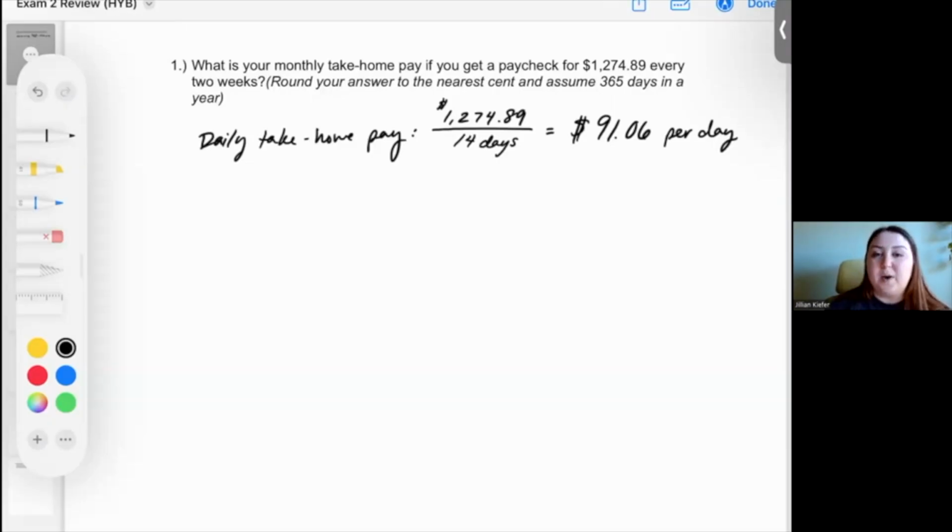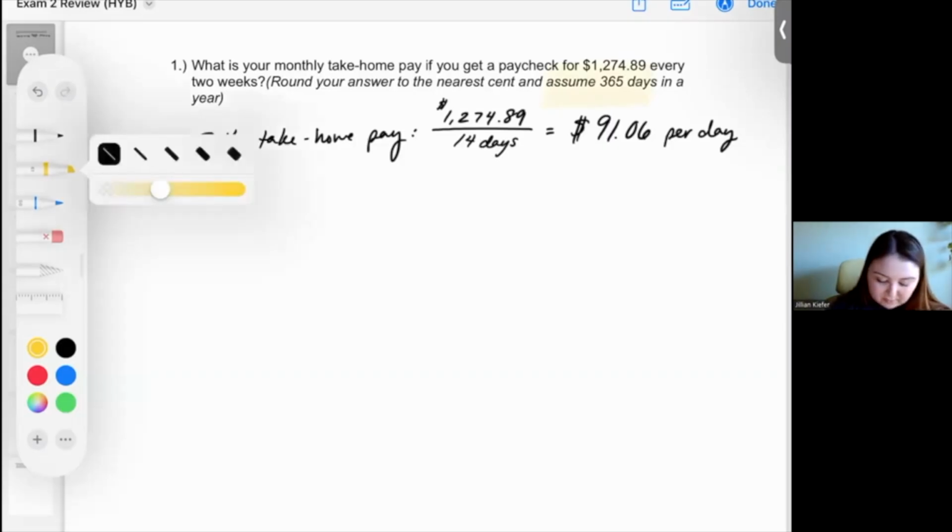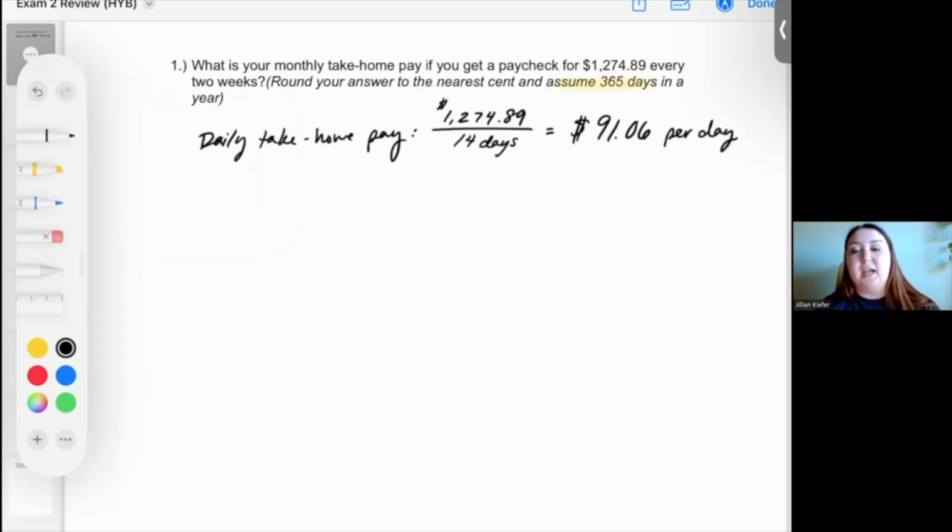Now, we want to take this number and assume for the year. If I make this much per day in an entire year, which is 365 days, we were told to assume 365 days. So we can take the money that we make per day and multiply by the number of days to find the yearly take-home pay.